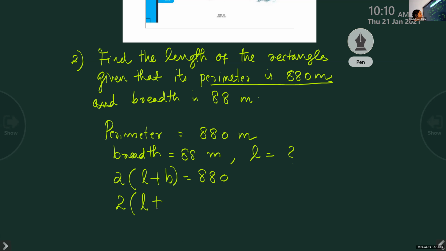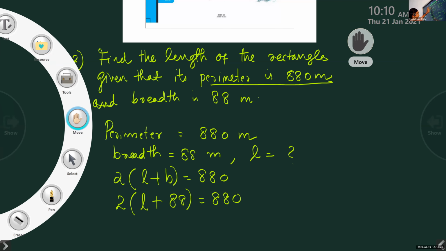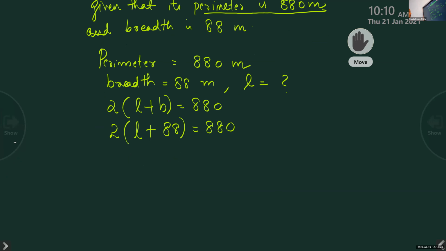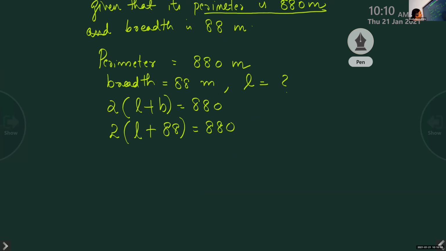Plus breadth we know, 88, equal to 880. Now we have to keep the bracket. What are the numbers in the bracket? L plus 88, and this 2 is into.